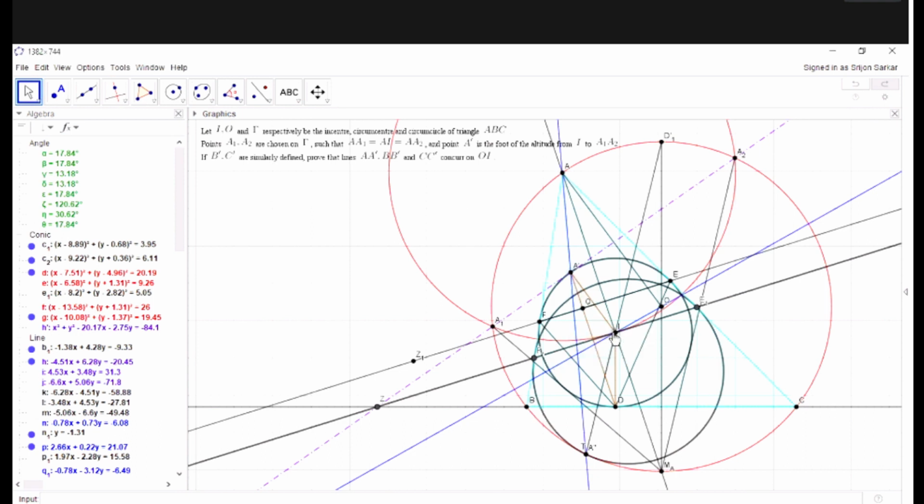And as this is an isosceles triangle, its perpendicular bisector is same as the angle bisector. I'm talking about triangle A dash ID. So now this along with the claim is that D A dash is parallel to AI. This line is parallel to AI.